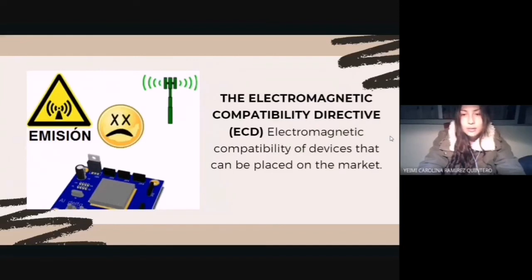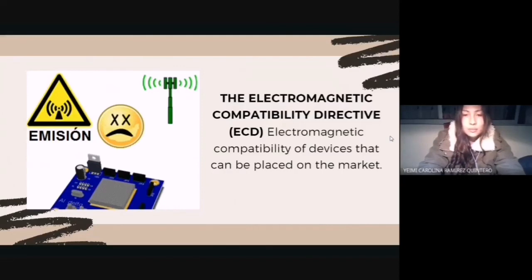The Electromagnetic Compatibility Directive. It is the harmonization of the laws of the member states in the matter of electromagnetic compatibility of the device that can be placed on the market. It concerns each finished device or combination of finished devices made available on the market as a single functional unit intended for the end user and capable of generating electromagnetic disturbance, or whose operation may be affected by such disturbance.